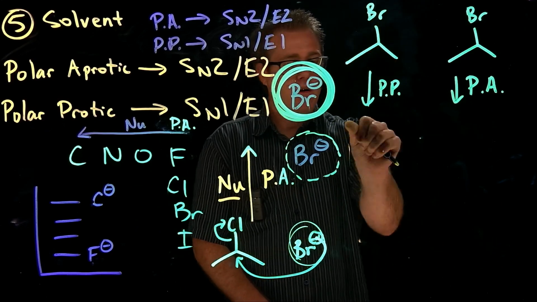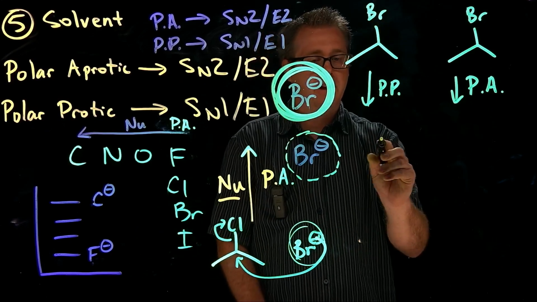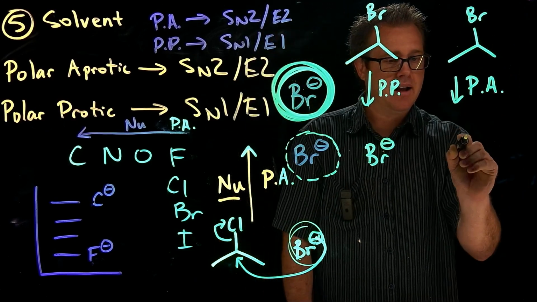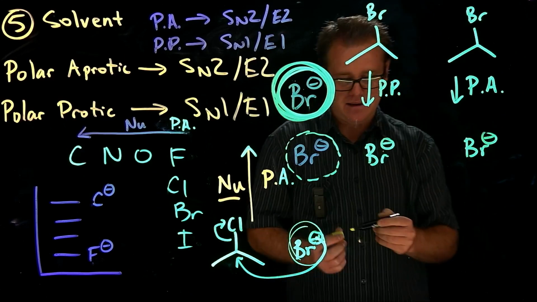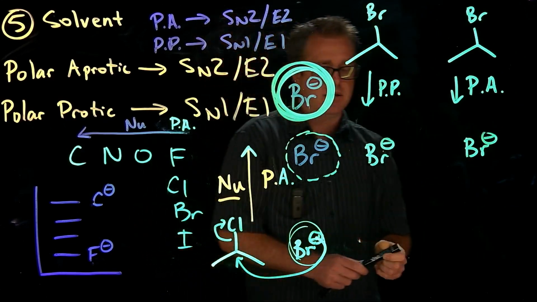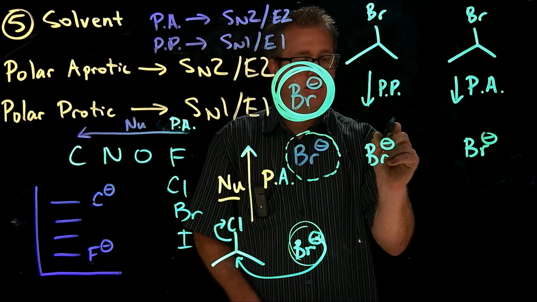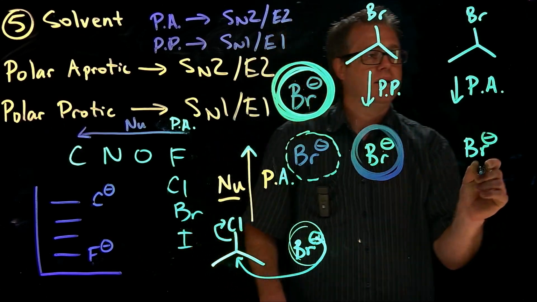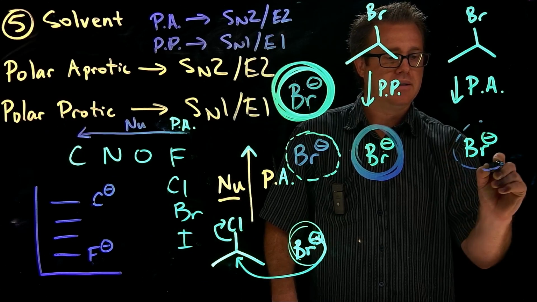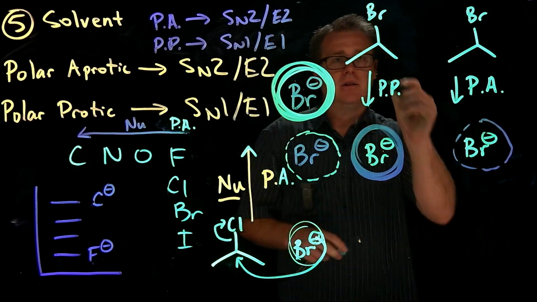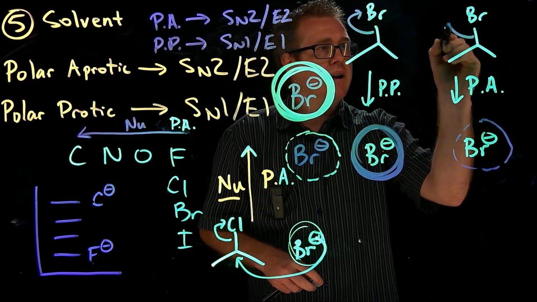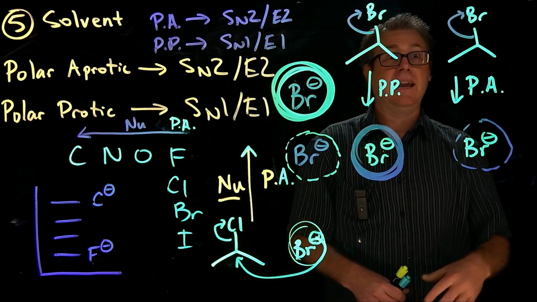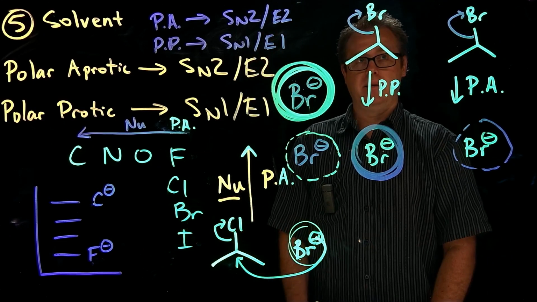And with the solvents, we're just worried about the anion. So when this anion leaves like this, and this anion or bromine leaves like that, what difference does it look like? Well, this is polar protic, so that means it's going to have a lot of solvent, and this one's going to have less.